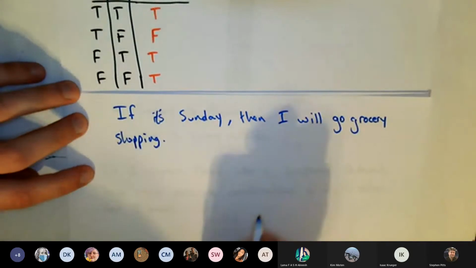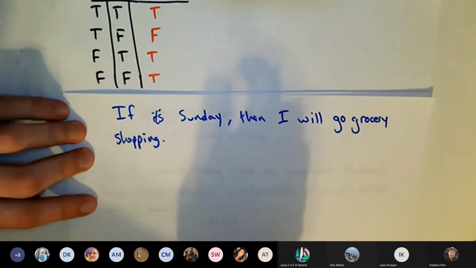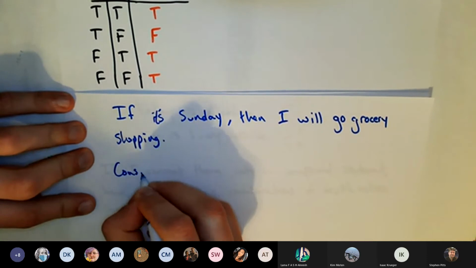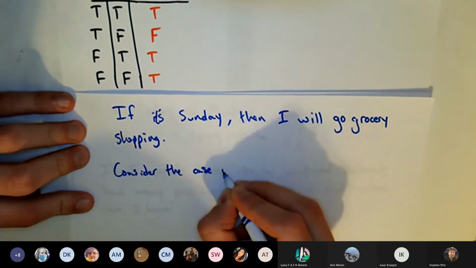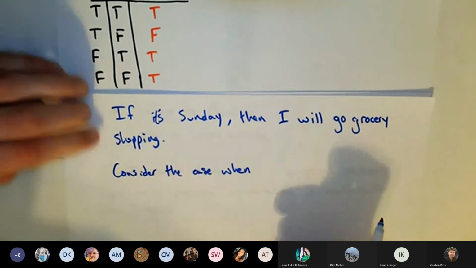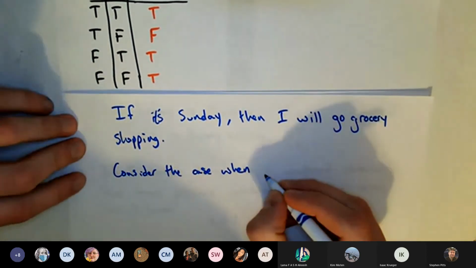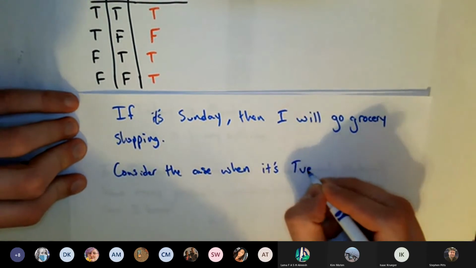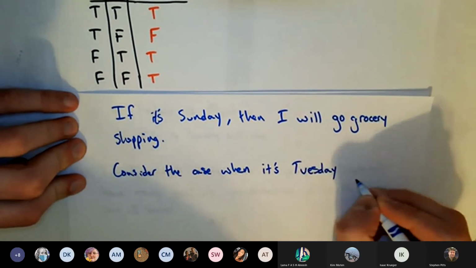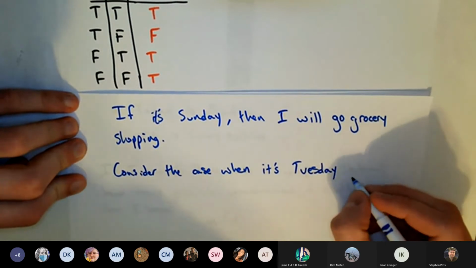Now, consider just this third row. Consider the case when the first part of the statement is false. So let's just say Tuesday, the first part's false.